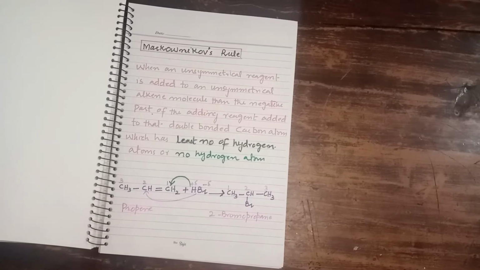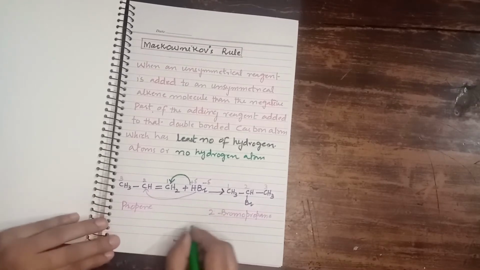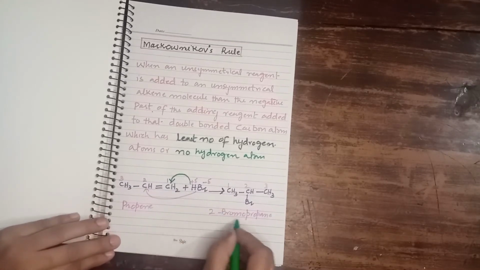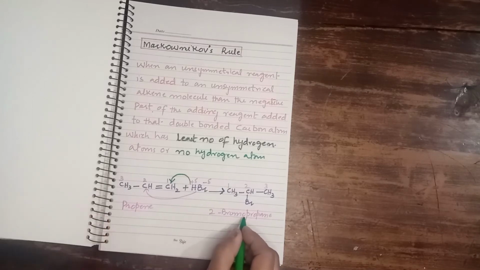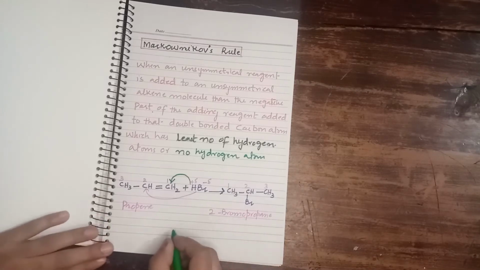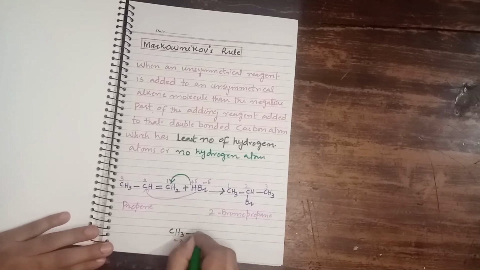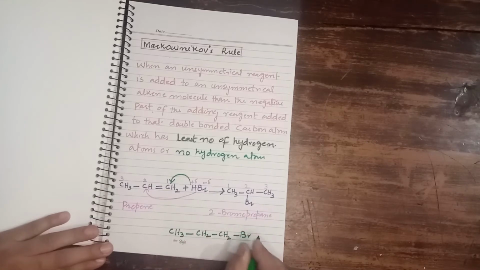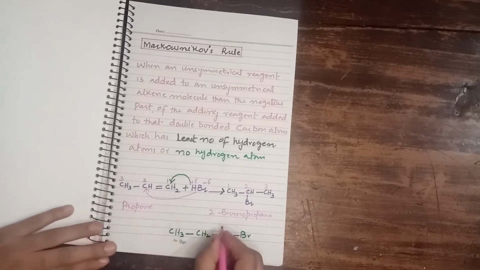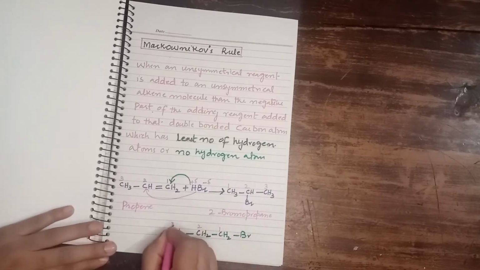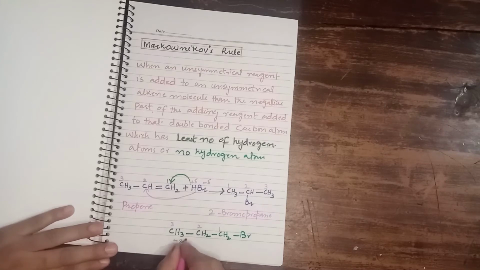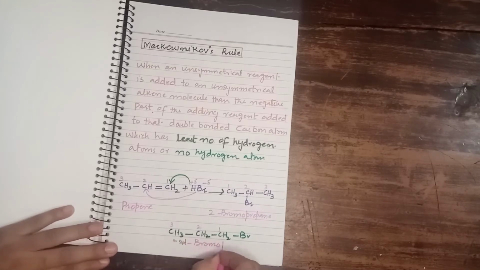Which molecule will not form, students? This product is according to Markownikov's rule, right? If somebody writes the product like this, CH3 CH2 CH2 Br, this is 1-bromopropane.